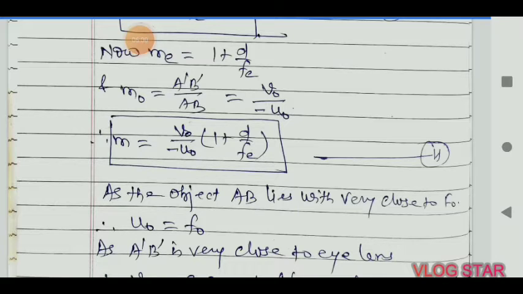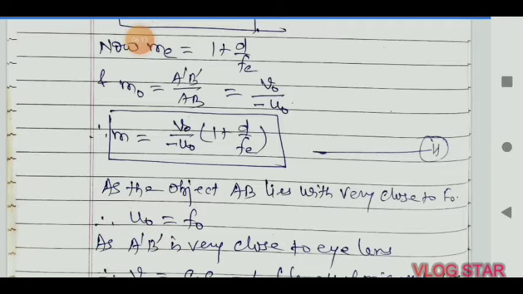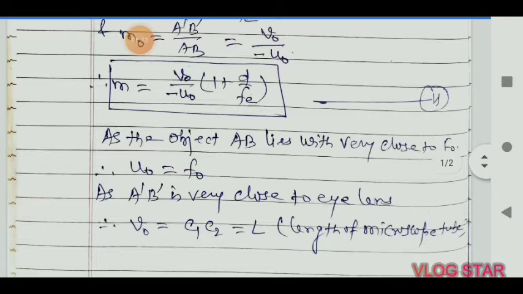When you want to know only the magnitude, you take the modulus of U naught, then it becomes positive. Now, as the object AB lies very close to F naught, the focal length of the objective, we can take U naught equal to F naught.